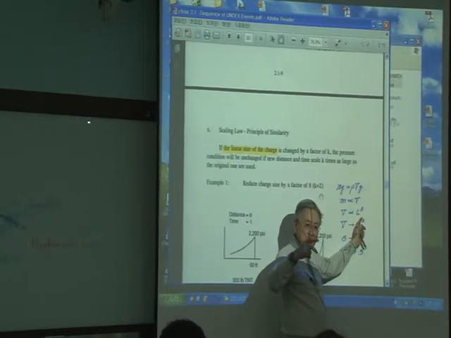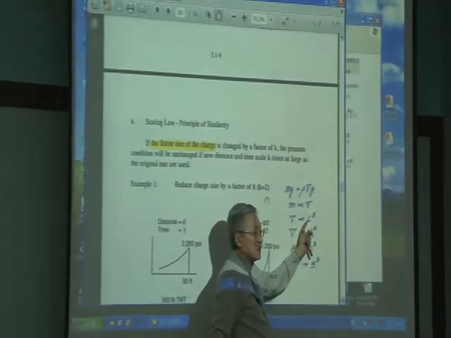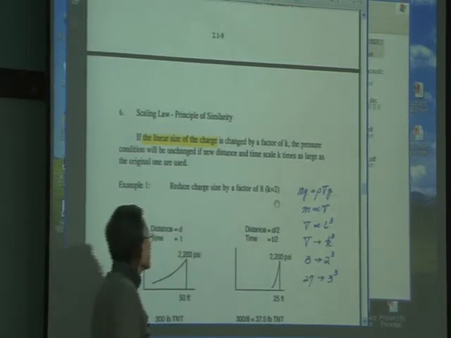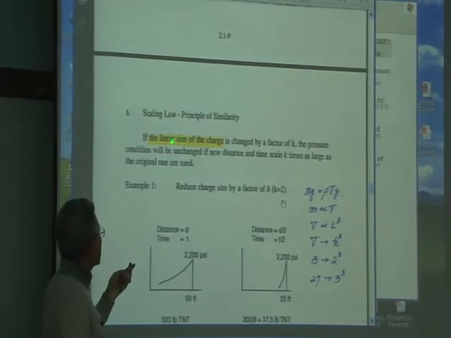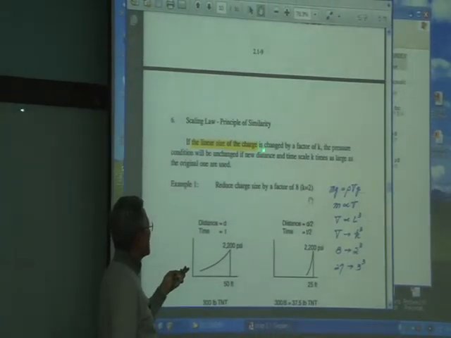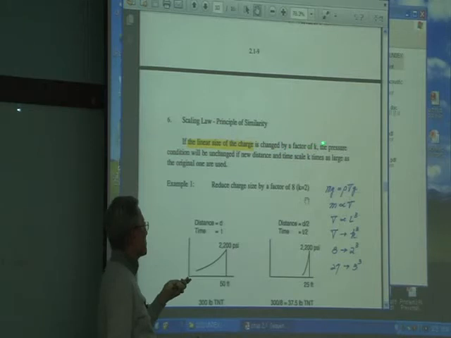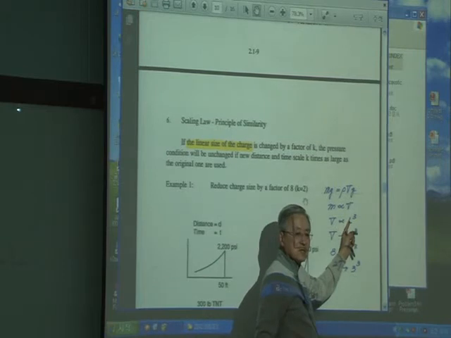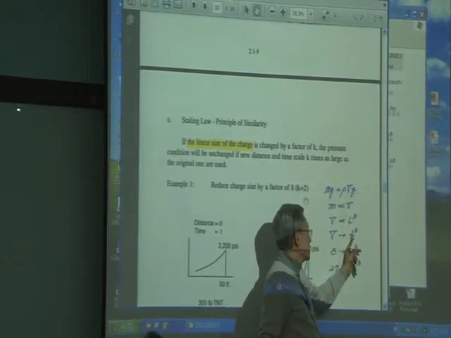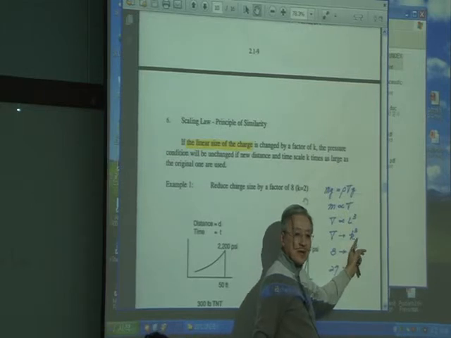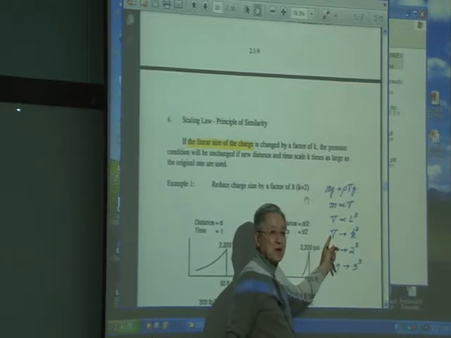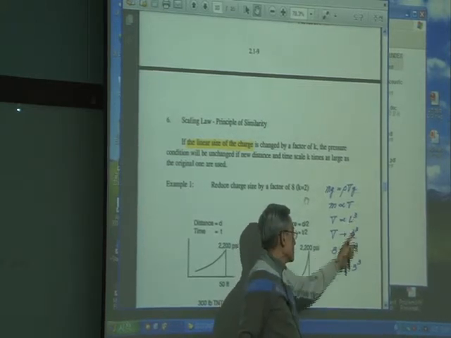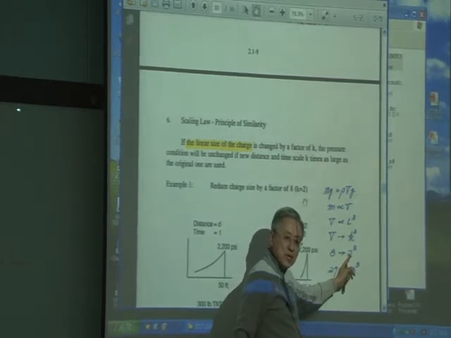L1, L2, L3, all multiplied. So volume is proportional to L cubed. Here L is the length, the linear size, and the length of the charge is changed by a factor of K. So let's say the volume changes by 8. 8 is L cubed, L is 2, which means K is 2.